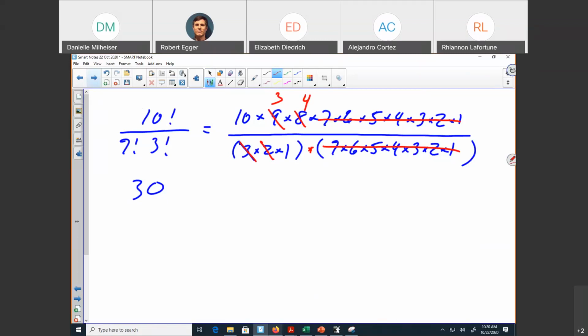Oh, 120. I think I did 5 times 3 times 2 or something like that. So that's what's happening. Factorials have a lot of cancellations, so they're not hard to do by hand.